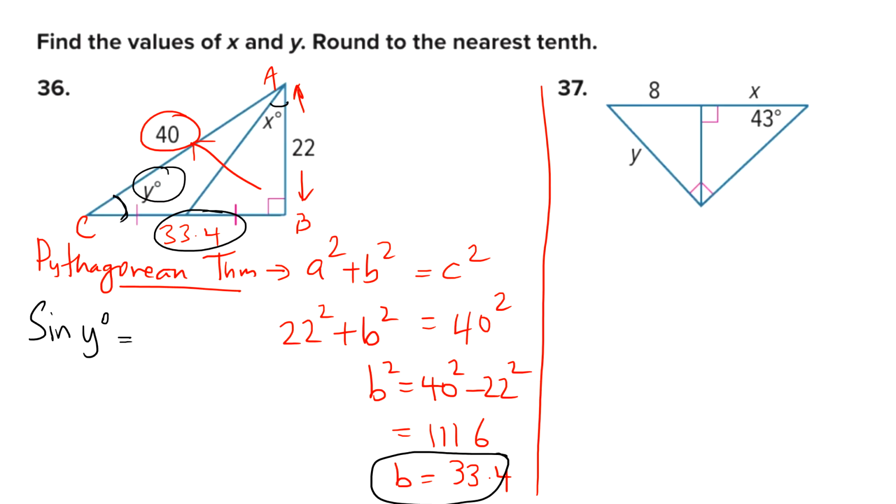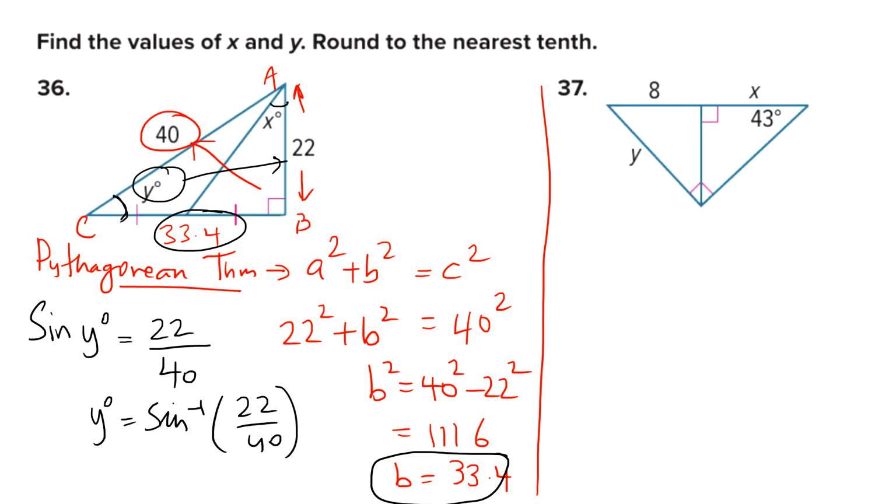Sine of this is going to be opposite, which is 22, over hypotenuse, which is 40. Now whenever I need the angle, we have to use inverse trigonometry. So I will use the calculator, use the sine inverse function, 22 divided by 40. Plug it in your calculator directly, put sine inverse function, 22 divided by 40, this fraction, and your angle will come out to be 33.4 degrees.